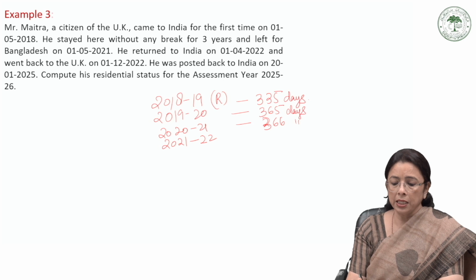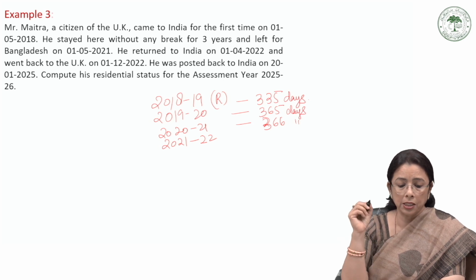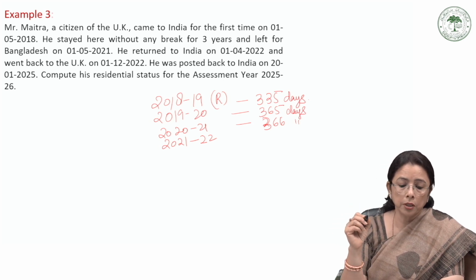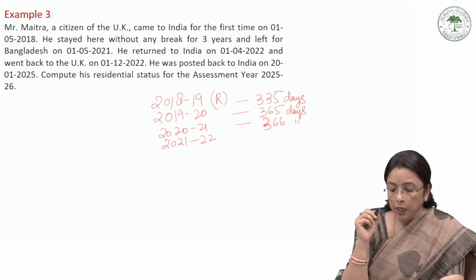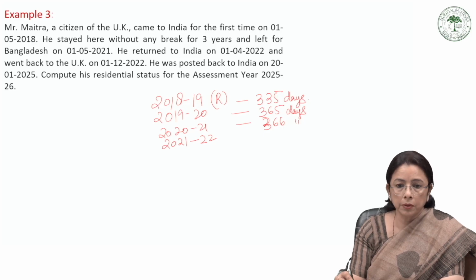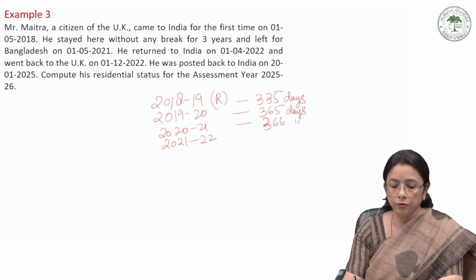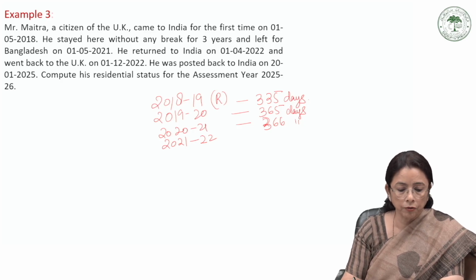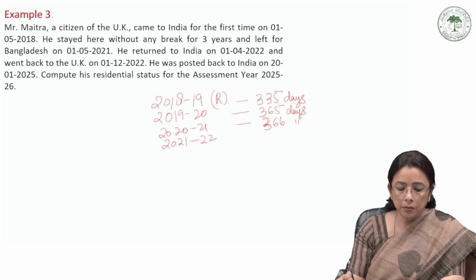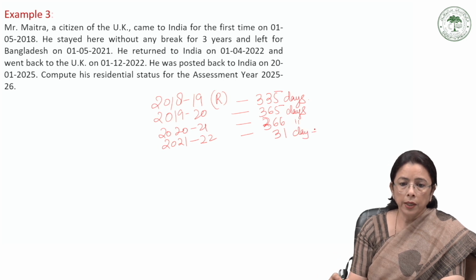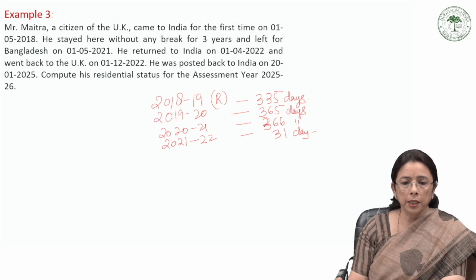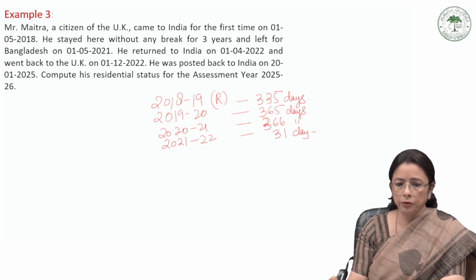That means he stayed here and returned only the next year on 1st April 2022. So he stayed here only for the month of April, starting from 1st of April. So he stays in India for 31 days.